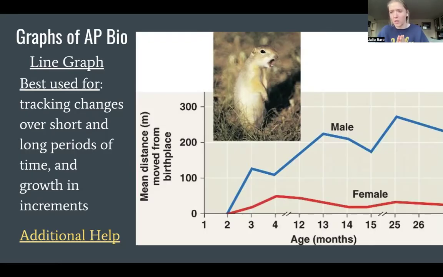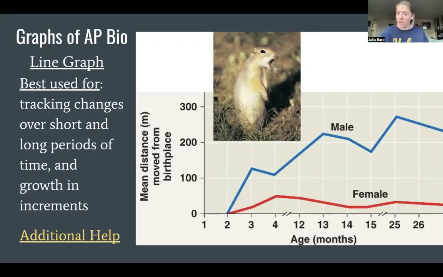I think they're actually prairie dogs. These prairie dogs have ages all the way up to 26. So realistically, drawing 26 bars on a bar graph is not going to be very reasonable. It's not going to be a helpful graph. And so that's a really good indication that you should draw a line graph: when you have a lot of data points that are going to go on your x-axis.